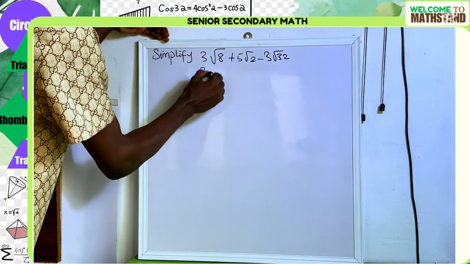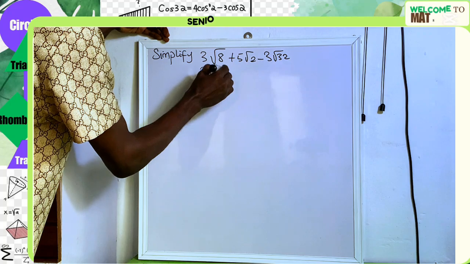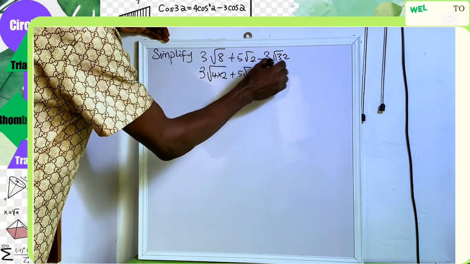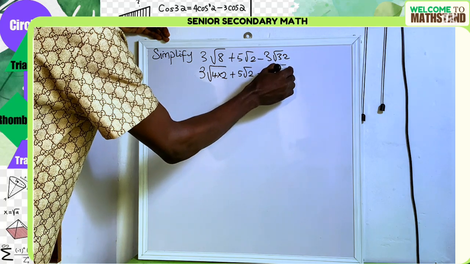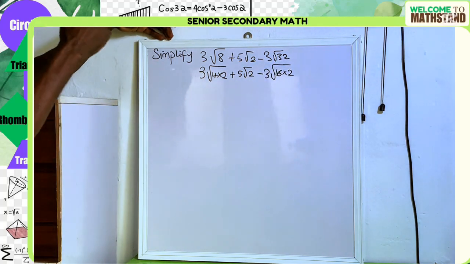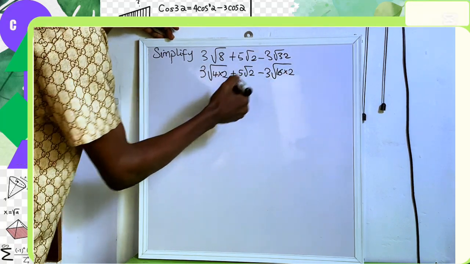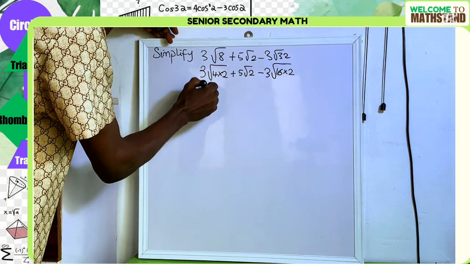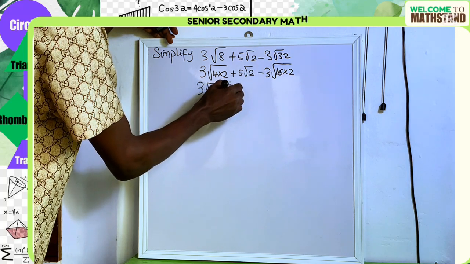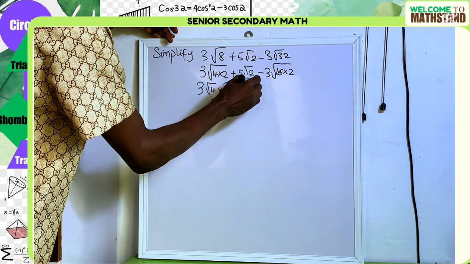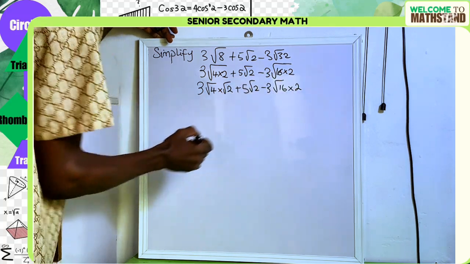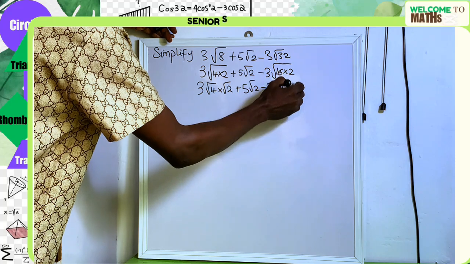So we have 4 times 2, which is 8, then 5√2, and 3 times 16 times 2, which gives us 32. So from here, we now have 3 times √4 times √2, 5√2, and 3 times √16 times √2.